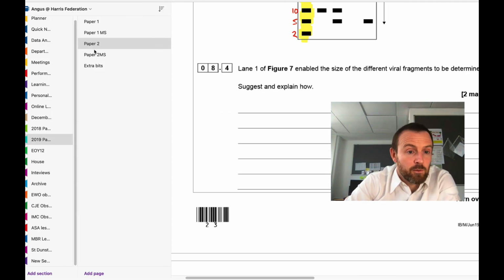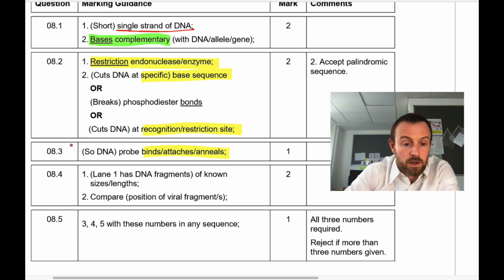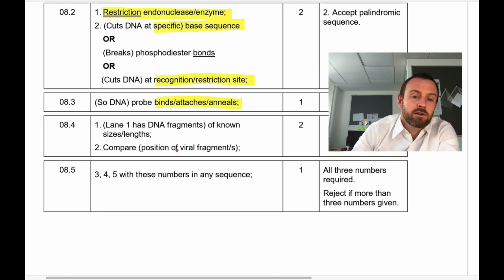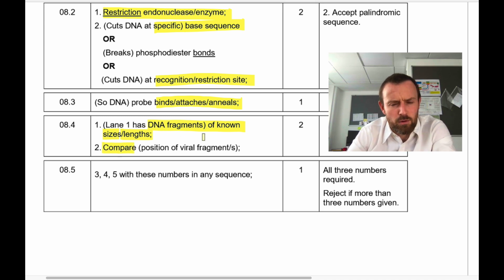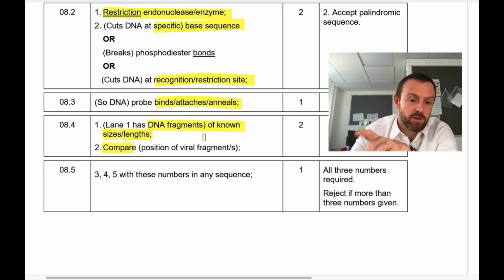Let's see what language you need to use. So it has DNA fragments of known sizes or lengths. Yeah, and you need to say that you would compare the position of the probed fragments with the known fragments.